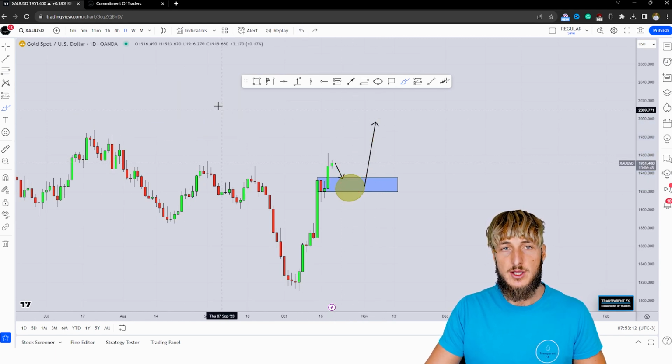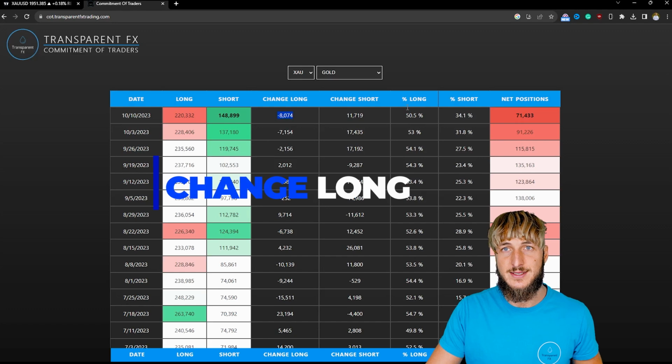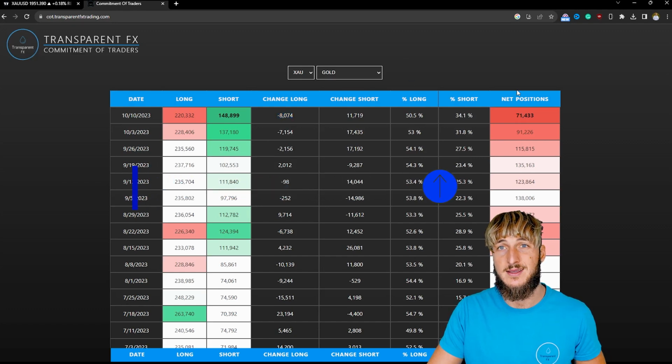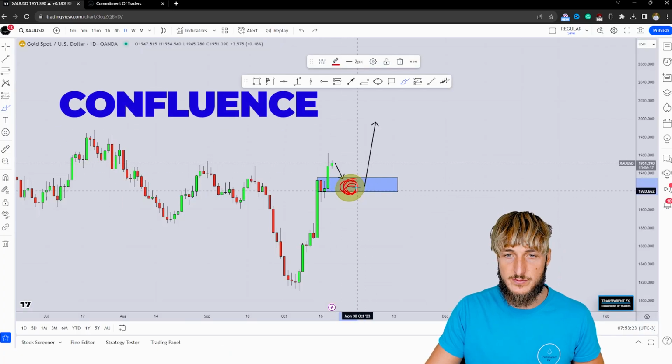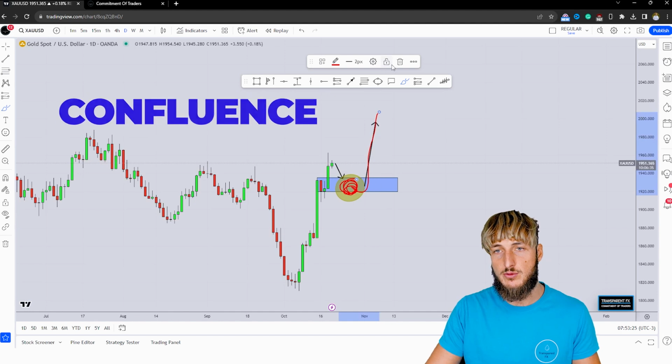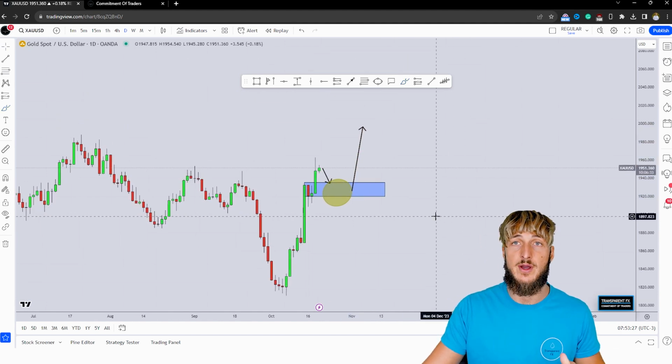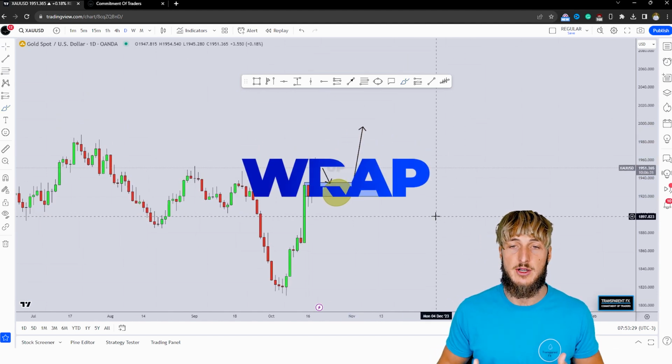So if we see new longs added from an institutional perspective with the new report tomorrow, so net positions getting increased, and the market goes and retests this confluence of support area, that is how we could be approaching this potential move higher. Now, as usual, trading is reactive and not predictive.